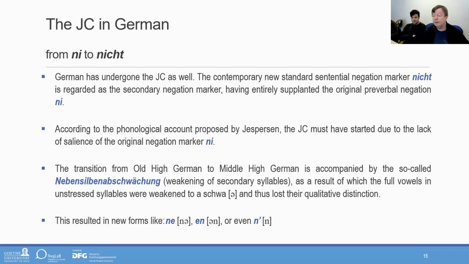As a result, the full vowels in unstressed syllables were weakened to schwa and lost their qualitative distinction. And this resulted for the negation in forms like n, n, or n.